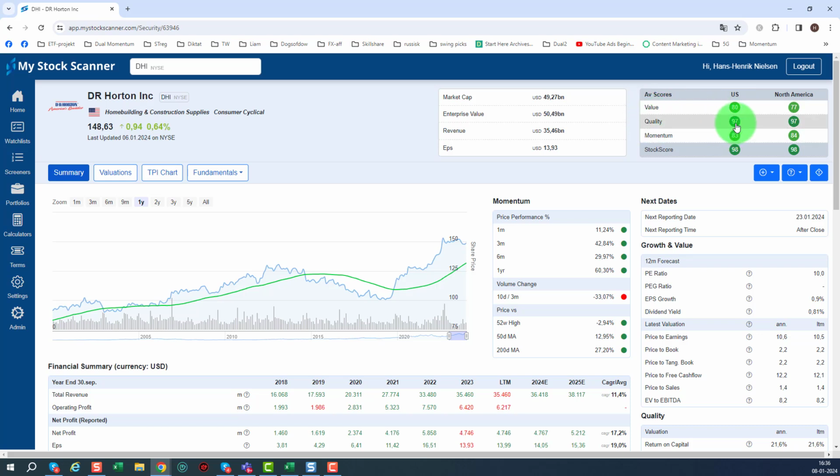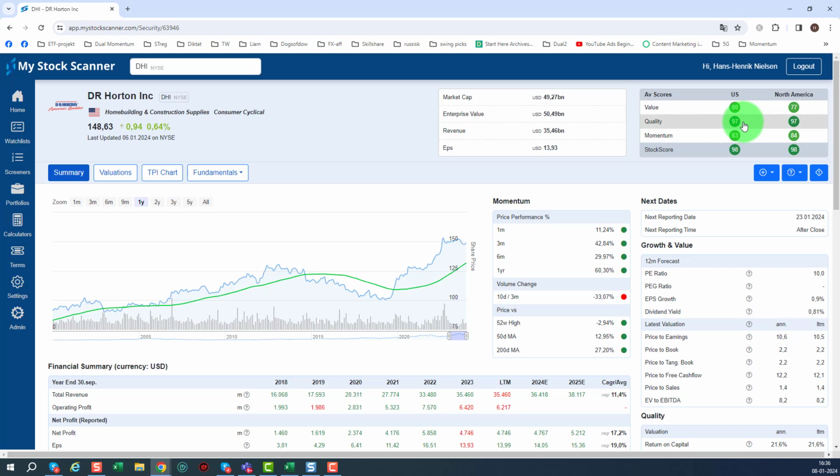Extremely good quality. We'll have a look at that just in a second, and the momentum is actually great. So the overall stock score is 98, which means that measuring all the US stocks we have in the system, D.R. Horton here is actually better than 98% of all the stocks we have there, which tells me this is a fairly good place to start.